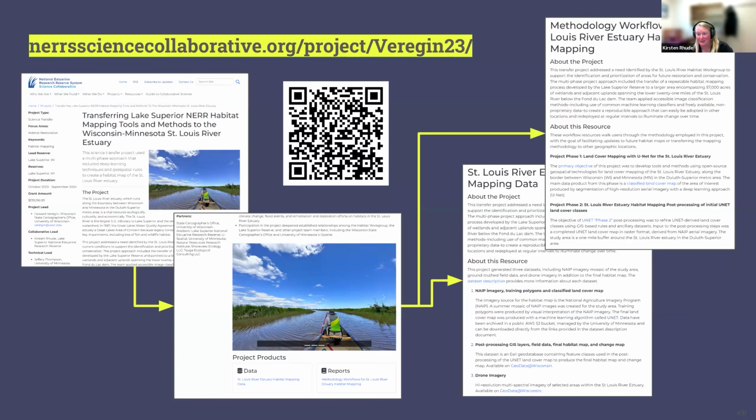We also have the methodologies for both phases of this project so that others can view it and hopefully it can be repeated and easier to do in the future, or for others to think about adapting to their site.